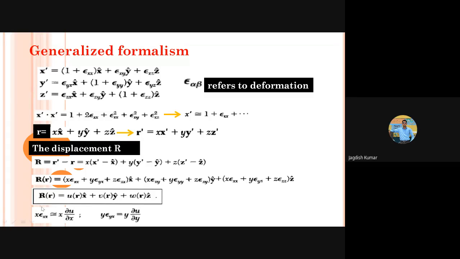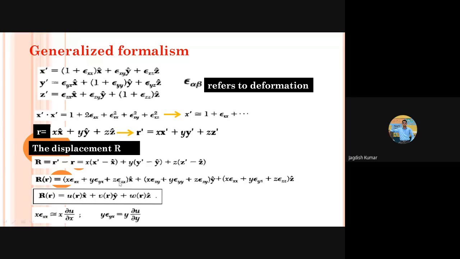That's what is giving us the first term. Similarly, if I take the partial derivative of this with respect to y, we can find del u over del y. That term is related to y into epsilon yx. Similarly, we can find a term related to z and so on.